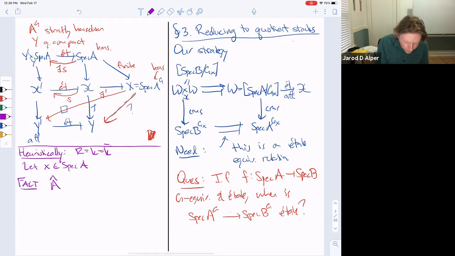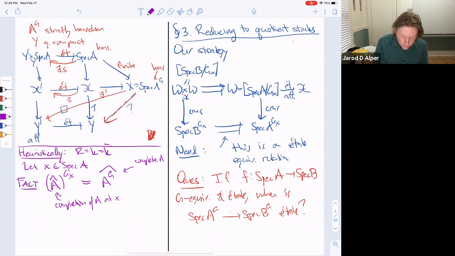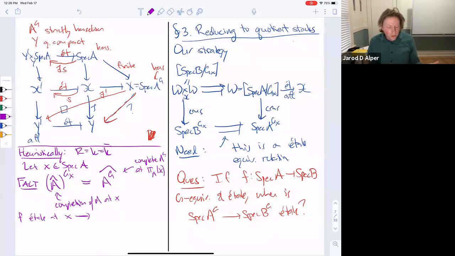If I take the invariants of A, if I take the completion of A at X, then the stabilizer group will act on that, and that is identified with the invariants of A completed, of A^G, along at the image of X. And so if F is étale at X, what that tells you is that their completions of the local rings are isomorphic.